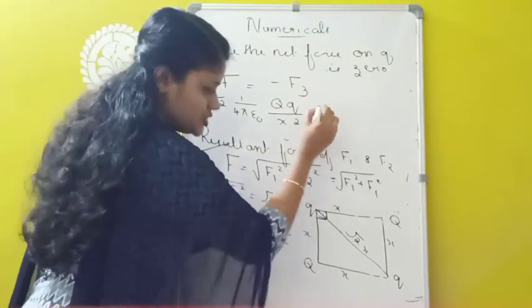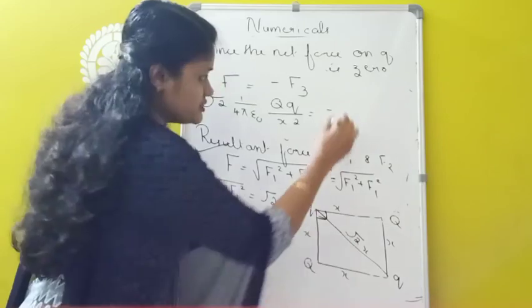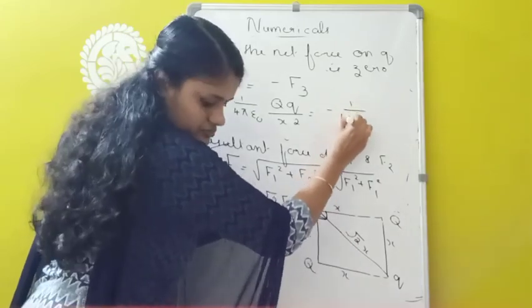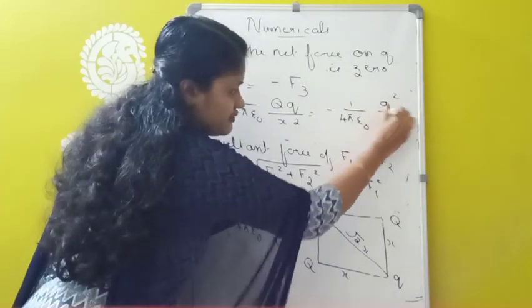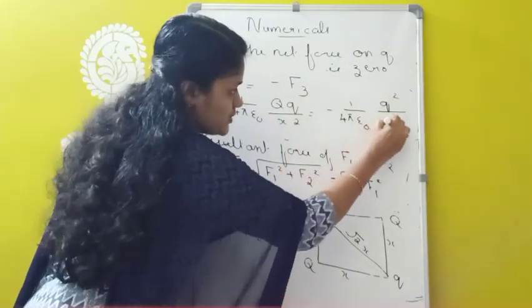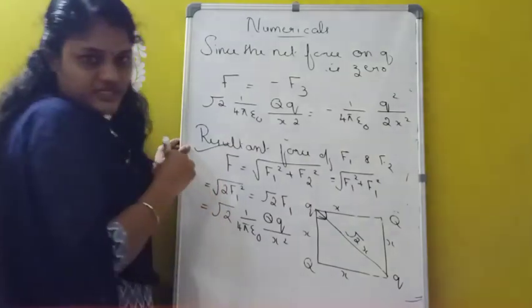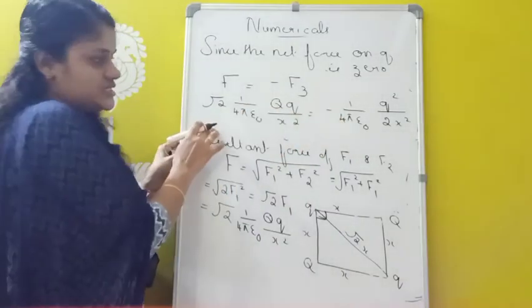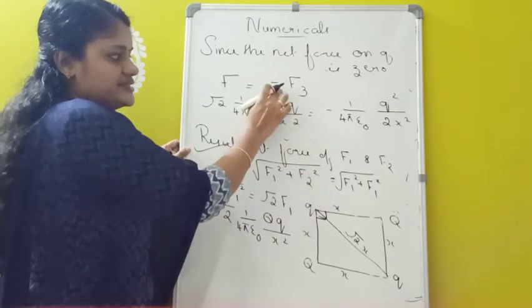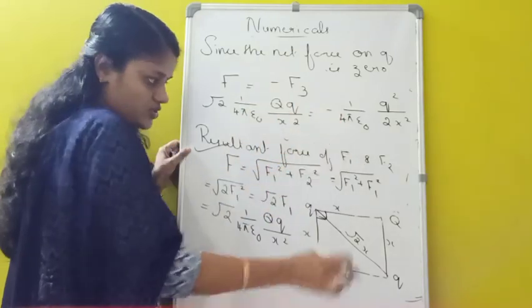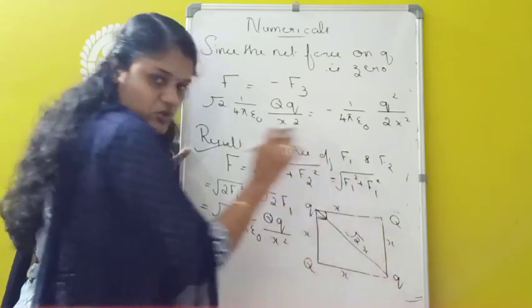F3 is minus 1 by 4 pi epsilon 0 q square divided by 2x square. These two are equal and opposite. This F is the resultant force of F1 and F2, and this F3 is the force acting on this small q charge due to the other small q charge.